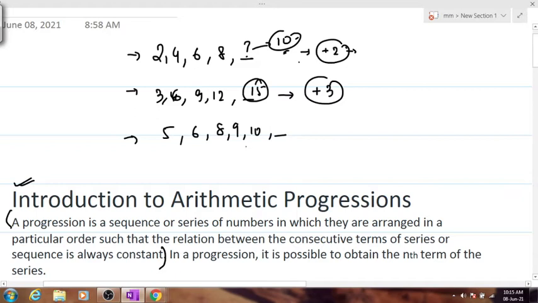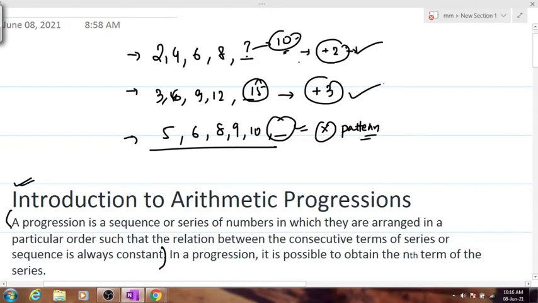Are you sure it will be 11? You cannot guess this number because this is not following a particular pattern. Yes or no? Over here the pattern was plus 2, this plus 3.